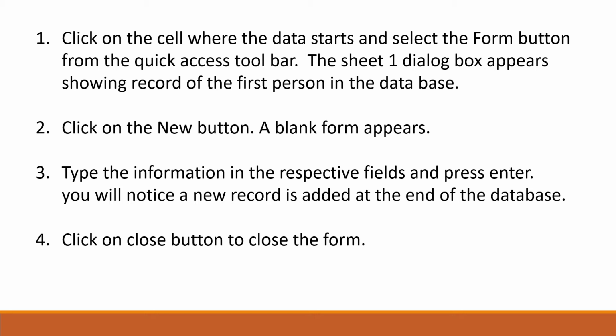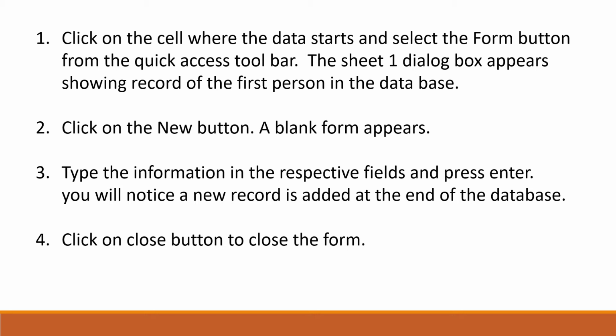Now, this is the procedure which we have to follow in order to add a new record in a form. First step is click on the cell where the data starts and then select the form button from the quick access toolbar.